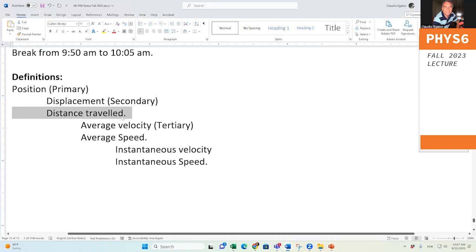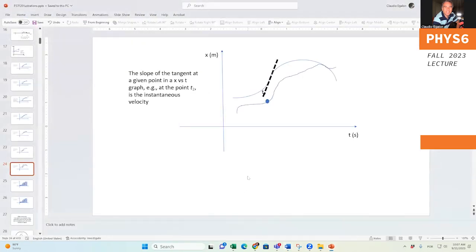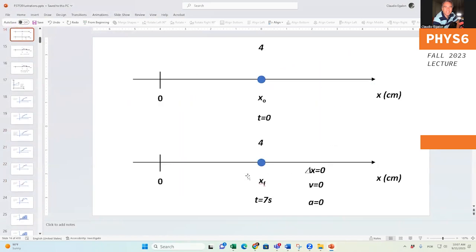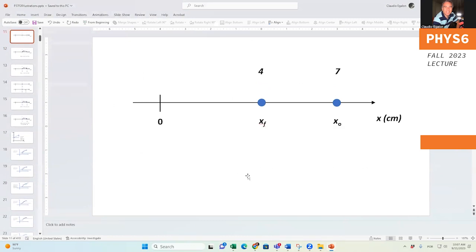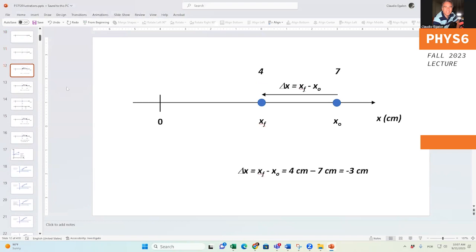Okay, let's start with distance traveled. I'm going to give you an example. Here we go. So here we have this particle, and I'm going to copy and paste elsewhere.